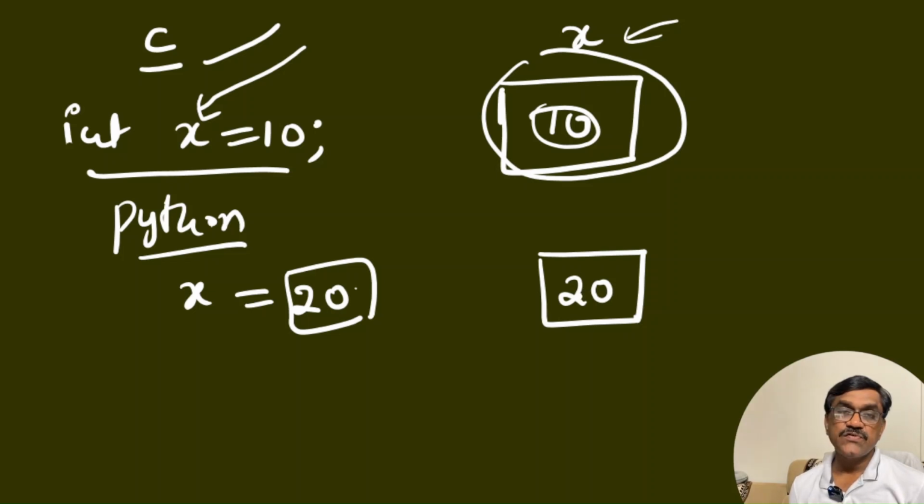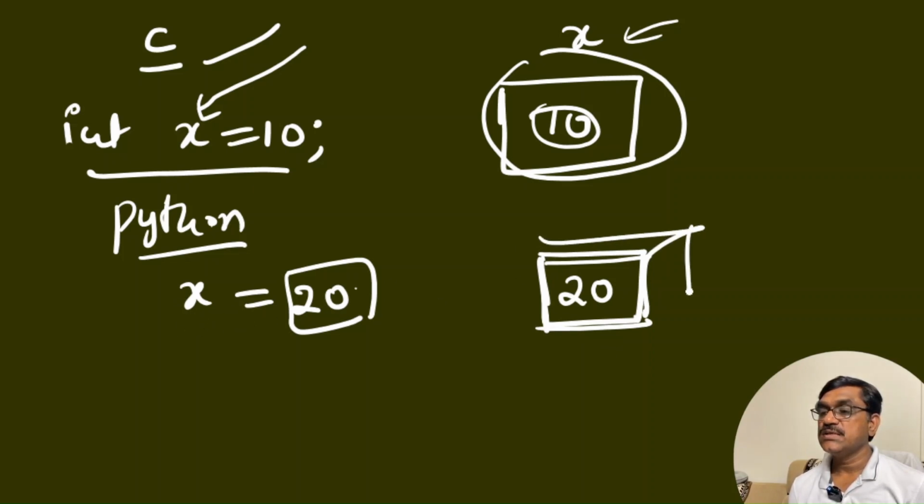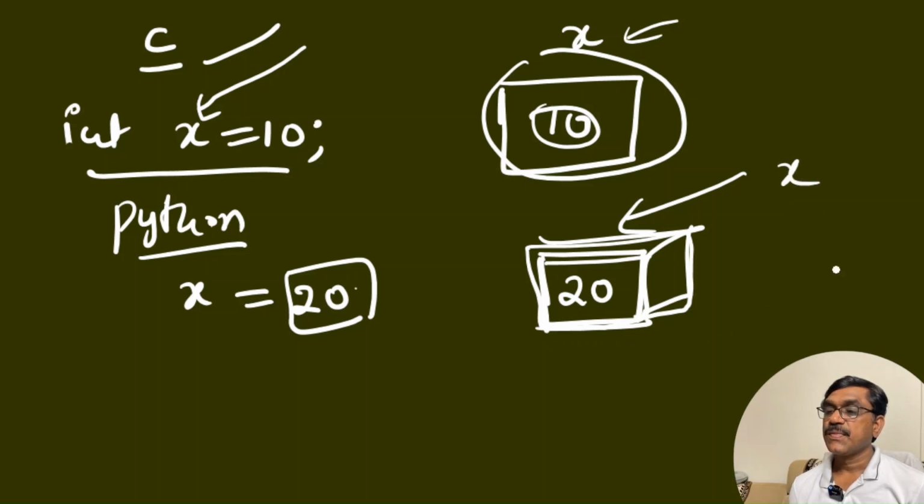This 20 is internally converted into zeros and ones, and for this, first the memory is allocated. Very, very important: don't worry about the left side variable x. Assume that you treat the memory area as a box. In this box, the value 20 is stored, and the label we have stuck on it is x.